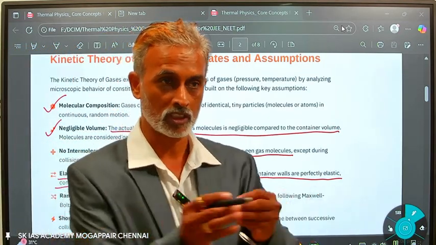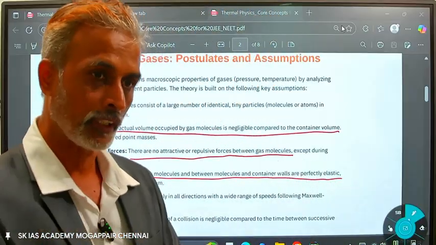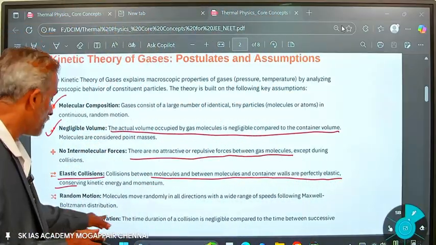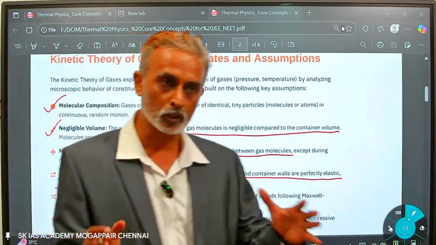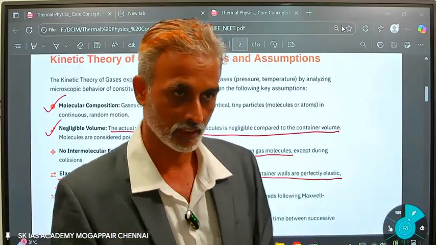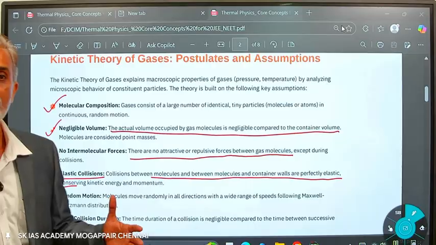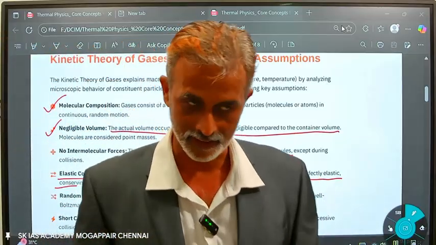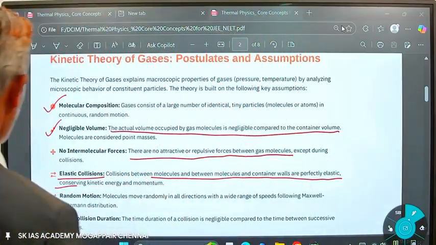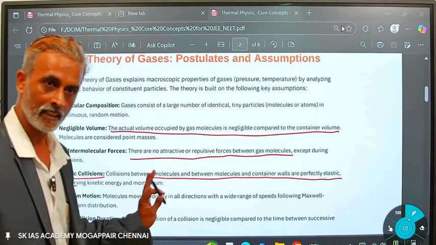Suppose two molecules collide, the duration of the collision will be short. So these are the postulates and assumptions of the kinetic theory of gases. Got it? Understand?